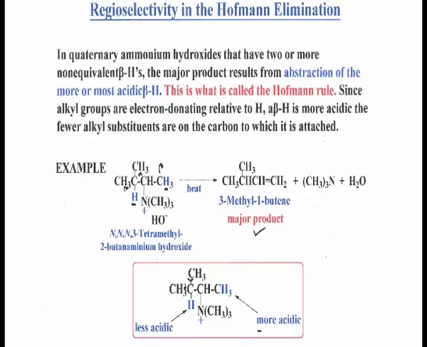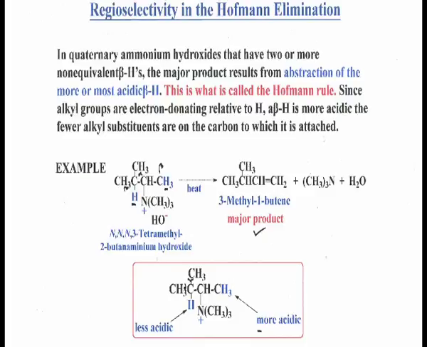Now, in quaternary ammonium hydroxide that have two or more non-equivalent beta hydrogen, look at this, what do you mean by non-equivalent beta hydrogen? Say this example, there is a beta hydrogen over here, there is another beta hydrogen on this side. So, what will be the product? How will you be able to identify the product? Rule is, in quaternary ammonium hydroxide that have two or more non-equivalent beta hydrogen, non-equivalent beta hydrogen means this is alpha, this is beta, this is alpha, this is also beta.